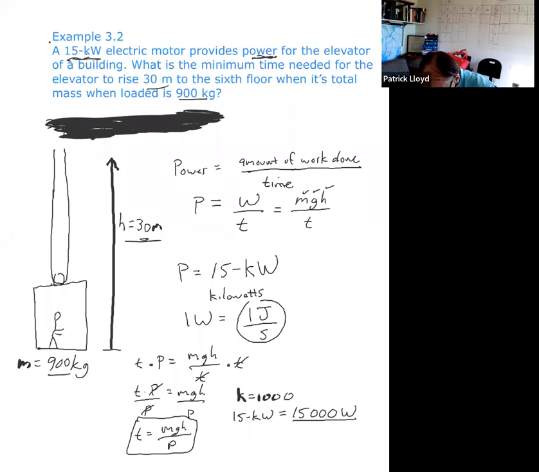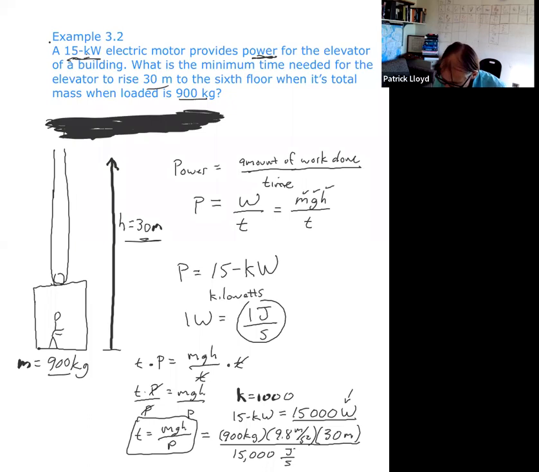So that's fine. I'm going to put in joule per second for that. So let's put everything in here. We've got mass, which is 900 kilograms. We've got g, which is 9.8 meters per second squared. And then we've got h, which is 6th floor, so it's 30 meters. We're going to divide that by 15,000. Again, a watt is a joule per second, so 15,000 joules per second.